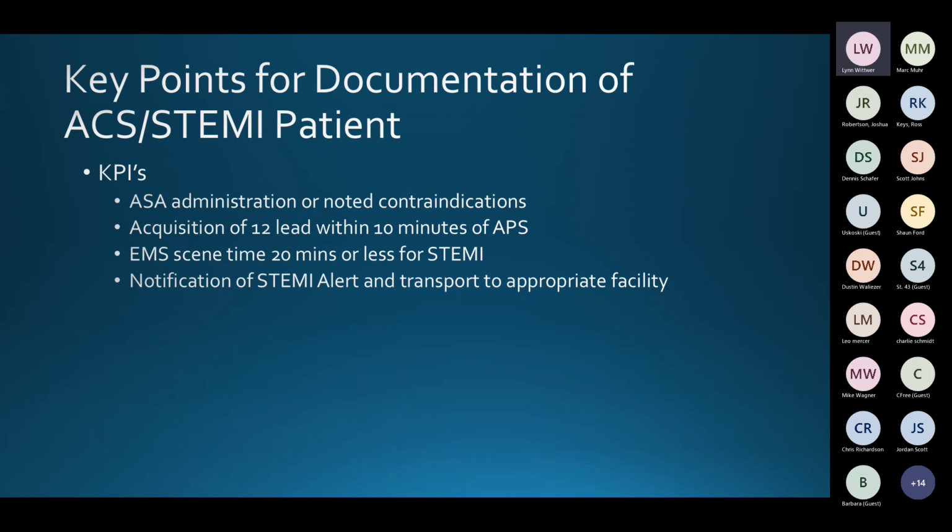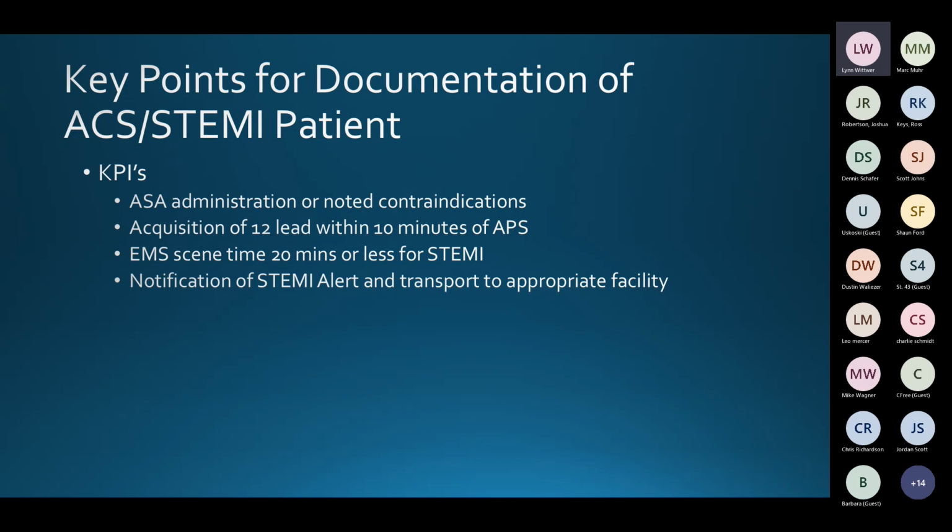Here are the key points for documentation according to the state on the KPIs. Remember, key performance indicators, and this is what we look for when we're evaluating your charts. You want aspirin administration or noted contraindication. If they can't take aspirin, write it down, we'll find it.